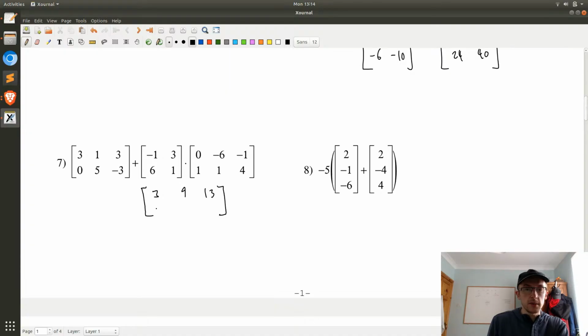What about down here? 1. Then negative 35. Then negative 2. And please add it to that matrix right there on the left. That will be 6, 10, 16, 1, negative 30, negative 5.